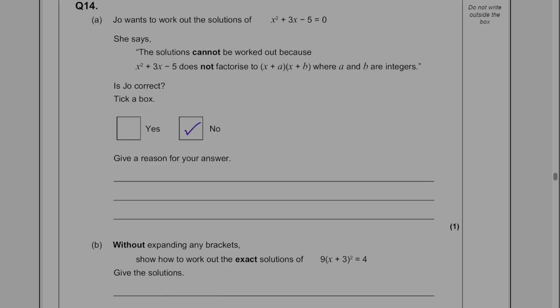This just means it can't have integer solutions. I'll say this means that the solutions are not integers.